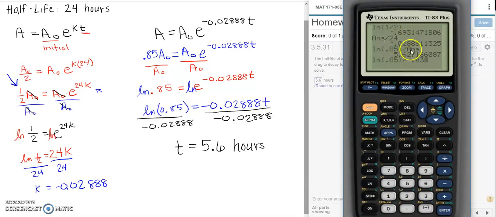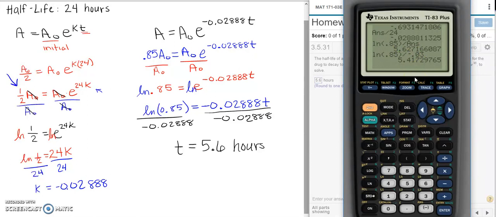Let's see how different our answer would have been. Whoa, way different, right? We would have had 5.4 instead of 5.6. You cannot just round things whenever you want to. You have to leave the answers whole until the end of the problem. You do not round until the end of the problem because it makes a big difference in our math.